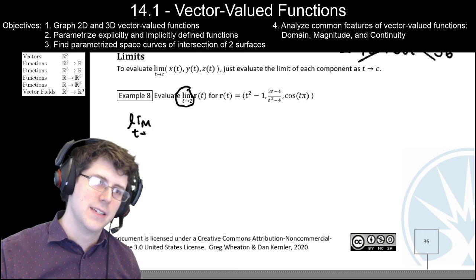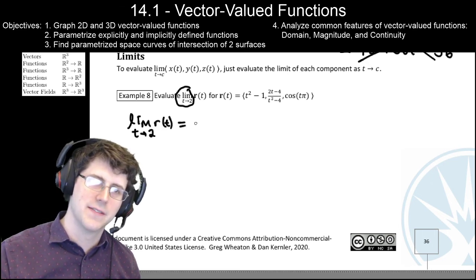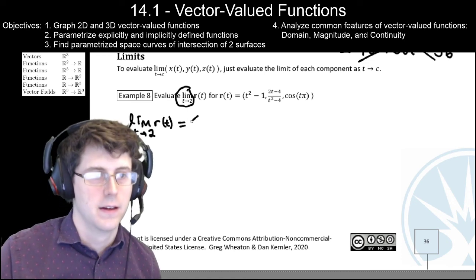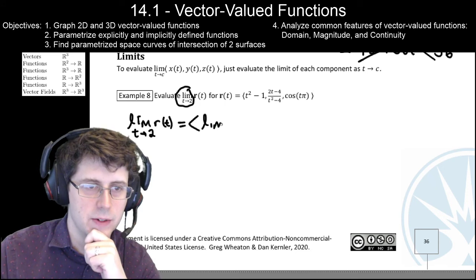We're going to want t to approach 2, not r. r approaching 2 doesn't even make any sense. So I go into each component, and I'll let t approach 2.